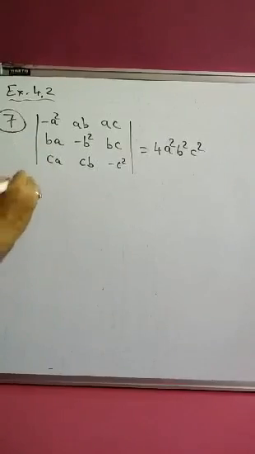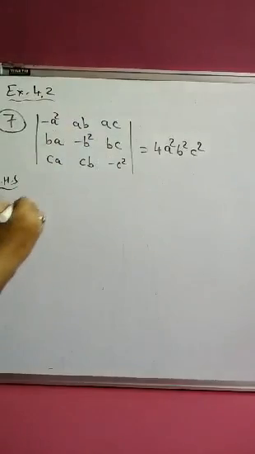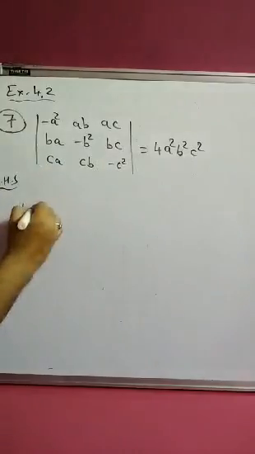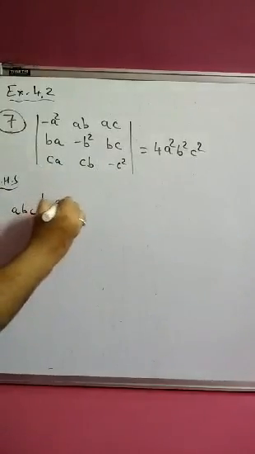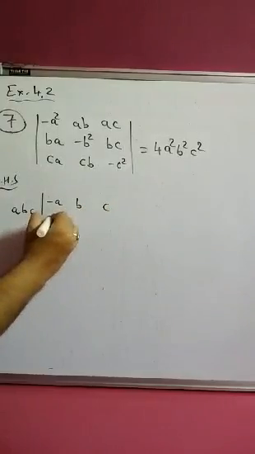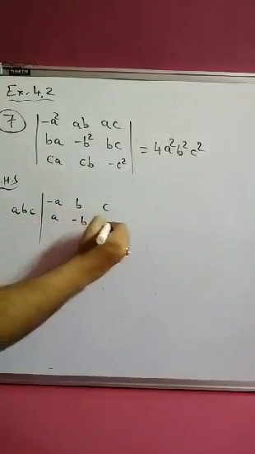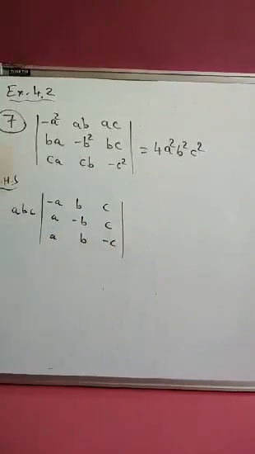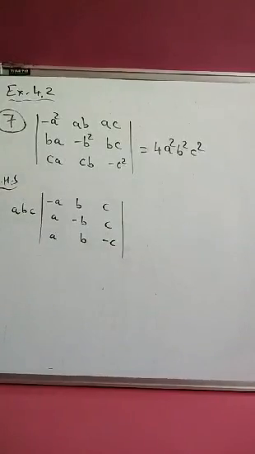In the LHS, if you take out A from row 1, B from row 2, and C from row 3, then we will get our answer this way. From row 1 we take out A common, from row 2 we take out B common, and from row 3 we take out C common.